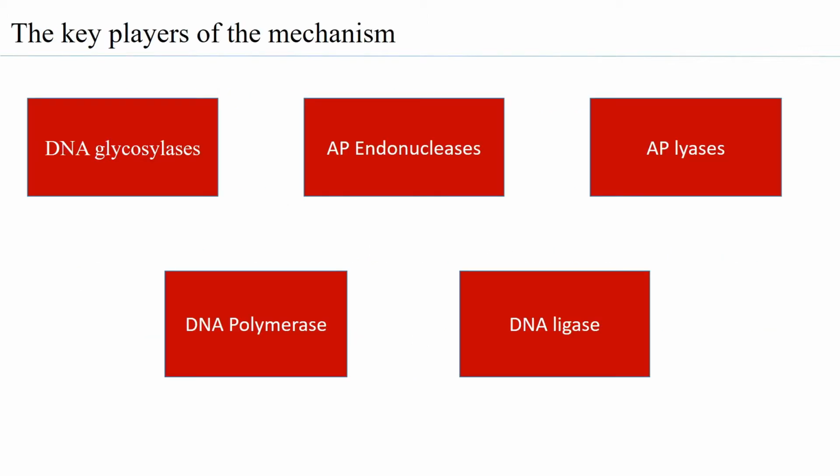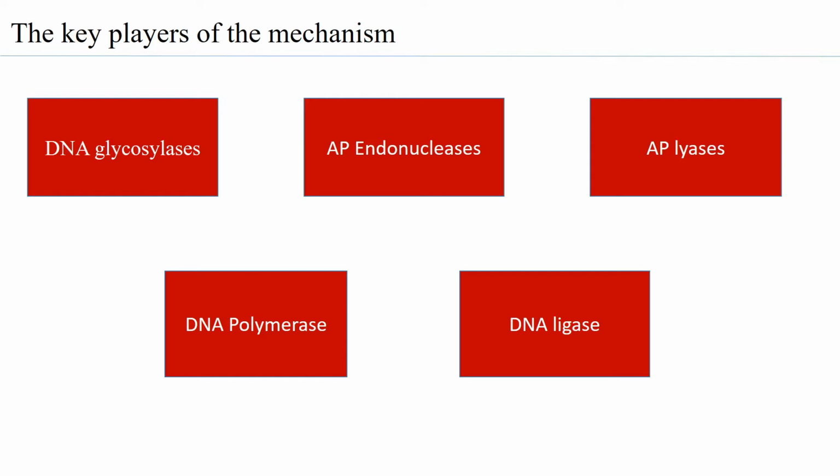Now, let us look at which are the key players of the mechanism. DNA glycosylases, definitely so. And there are several DNA glycosylases which are specific for specific base lesions, followed by what is called as AP endonucleases or AP lyases, and this AP over here stands for apyrimidinic or apurinic.